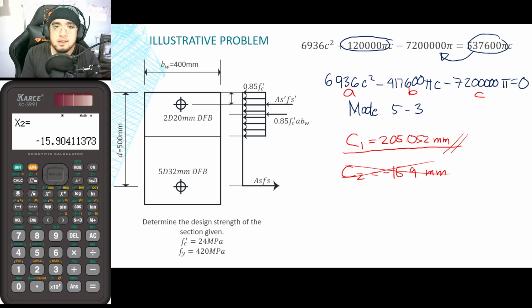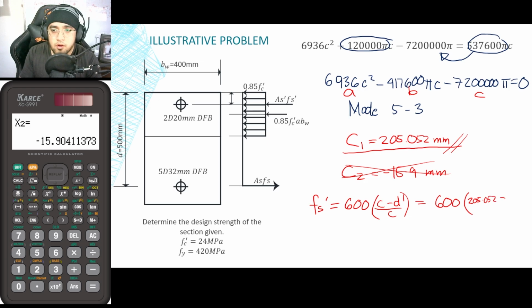So from that, guys, since I have assumed earlier that Fs prime will not yield, I will be confirming if it has really yielded or not. So Fs prime, once again, is equal to 600 times C minus D prime all over C. So substituting known values, 600 times the value of C, that is 205.052, minus D prime of 60, divided by 205.052.